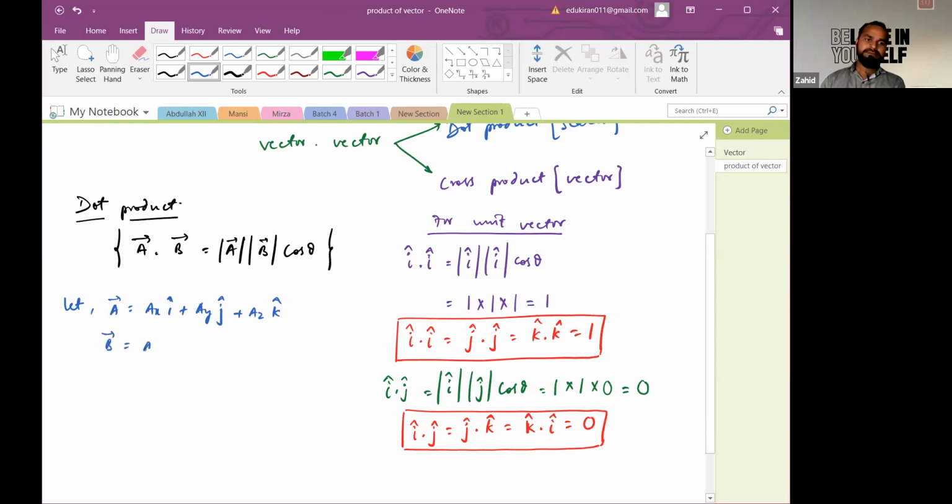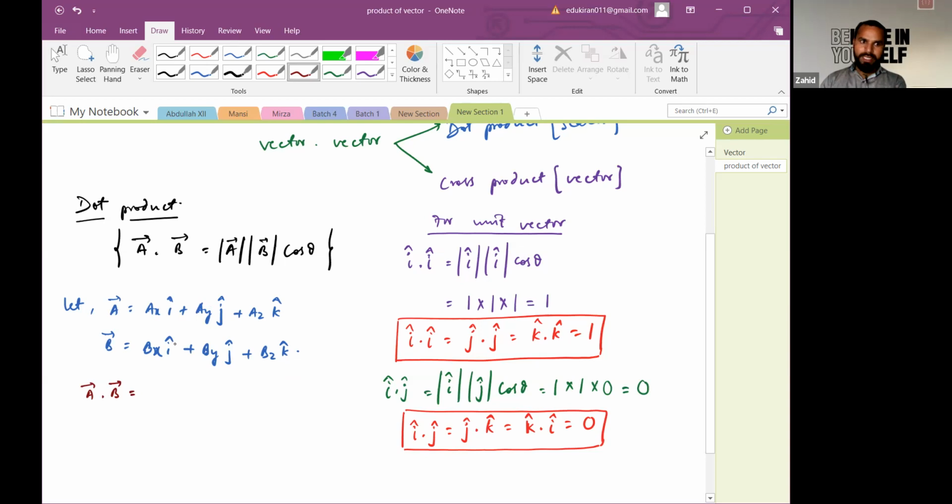Similarly, B has components BX I cap, BY j cap, BZ k cap. Now, if you want to calculate the dot product A dot B, you multiply each term with the rest of all three terms.